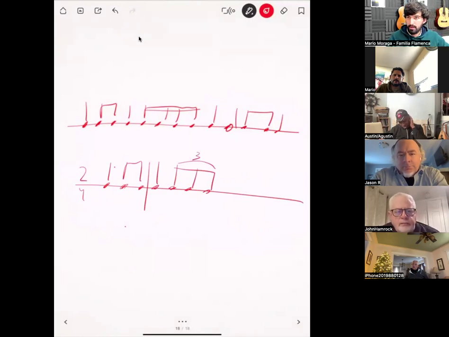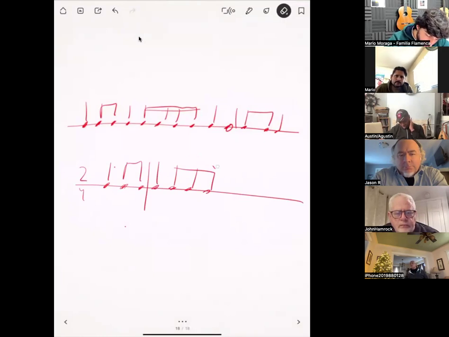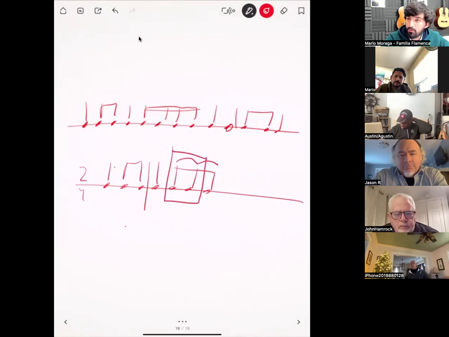That's a triplet, okay? If we don't have the number three, it's going to be one beat and a half, because just these two eighth notes are a beat. If we add an extra eighth note, it's going to be one beat and a half.